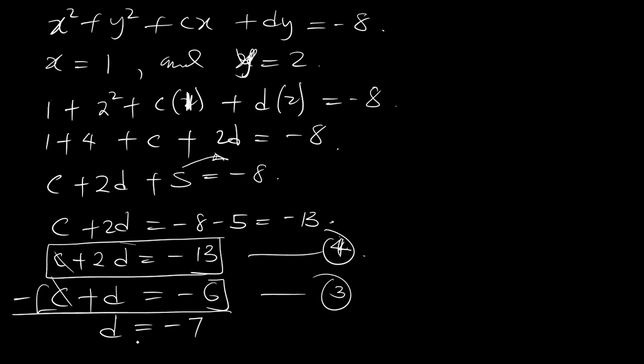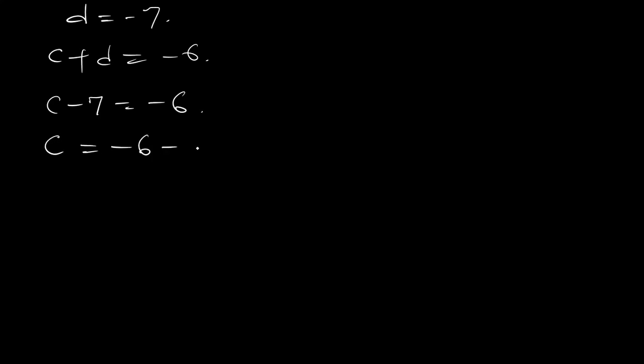So it means that d is equal to minus 7. And we also know that c plus d is equal to minus 6. So substituting d equal to minus 7 into equation 3, you have c minus 7 equal to minus 6. So c will now be equal to minus 6 plus 7, which is 1. So c is equal to 1.